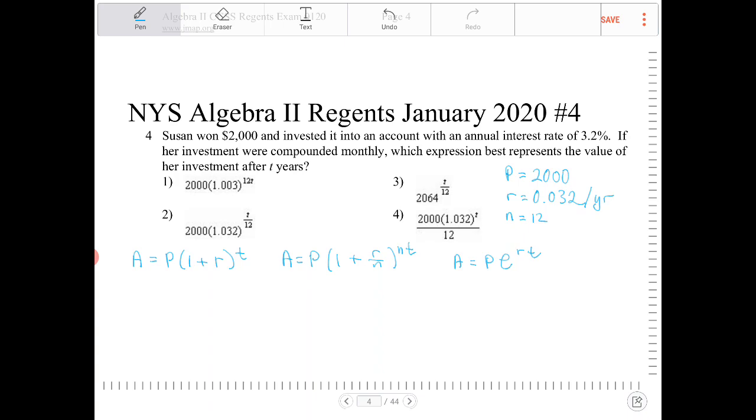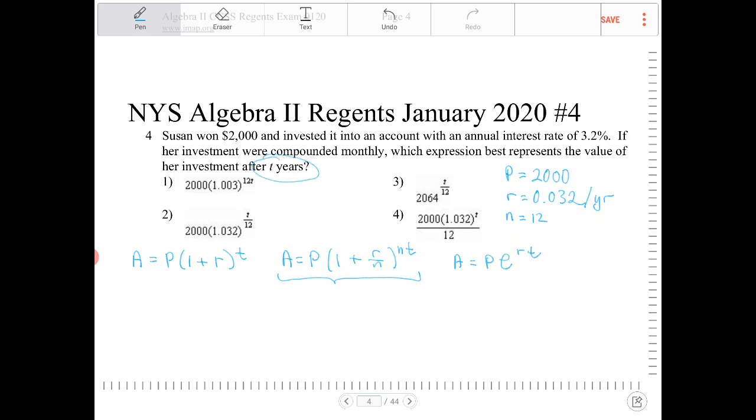So what we're going to do is use this equation here, because it involves all the different givens that were provided. We're just going to directly substitute those givens in. And what we'll end up with is an equation involving T, which is essentially what they're asking for.